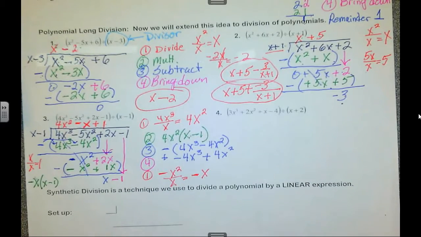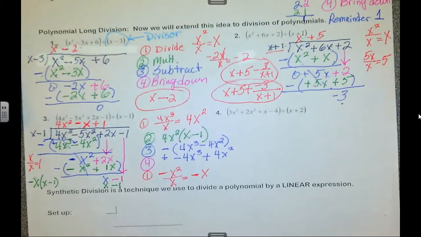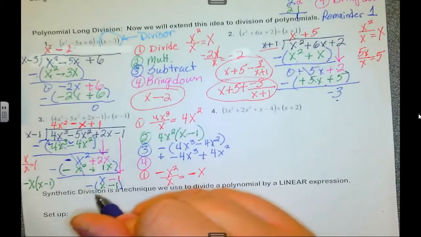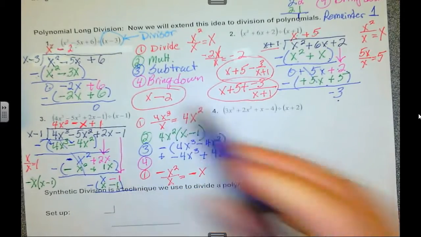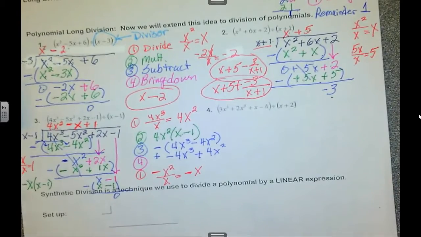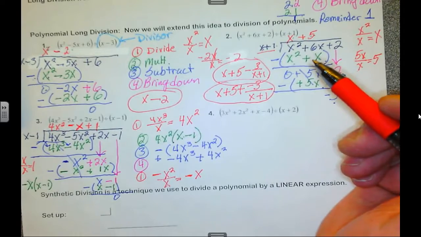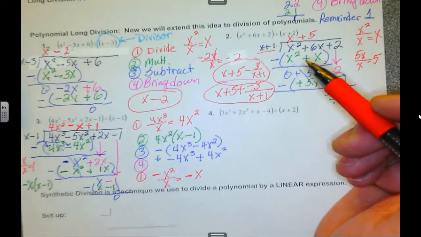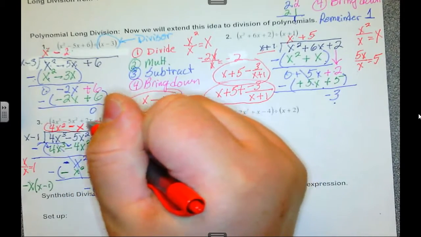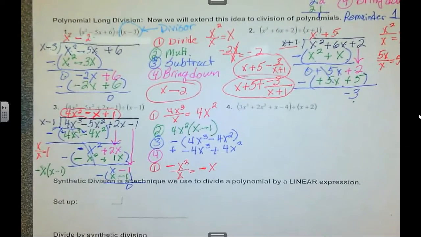Okay. So multiplied, you get x minus 1, subtract, and you get your 0. Okay. So my answer, just plus 1.